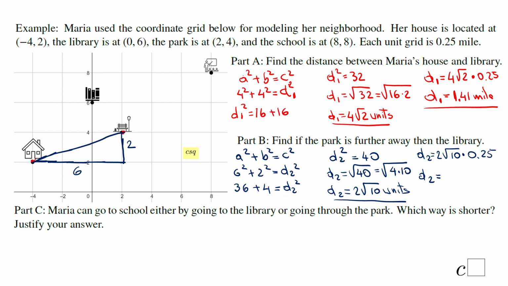I end up with 1.58 miles. So obviously, looking here, to find if the park is further away than the library, yeah, it is. I can even find by how much, by just subtracting these two values. 1.58 minus 1.41.